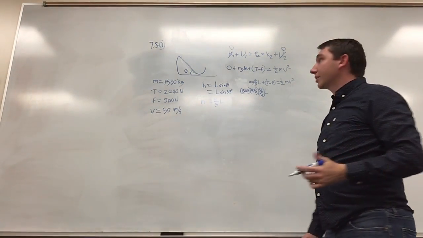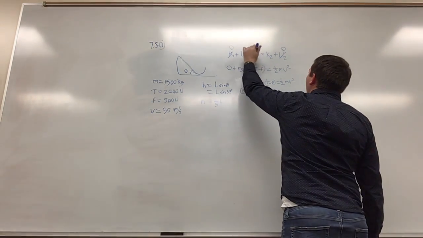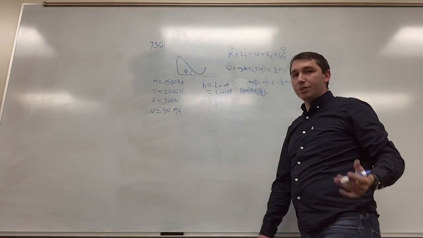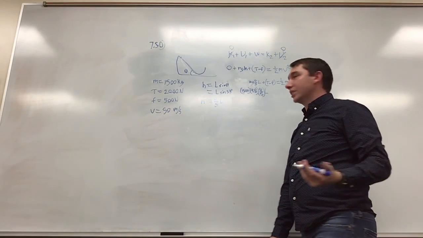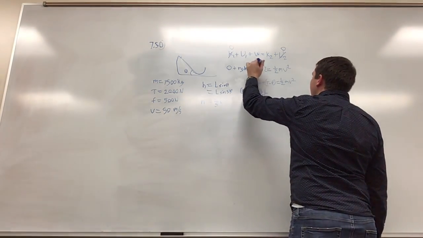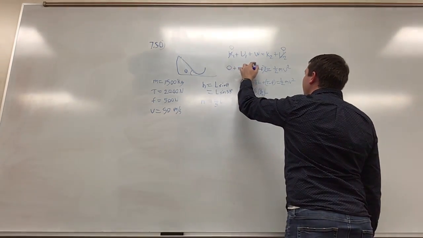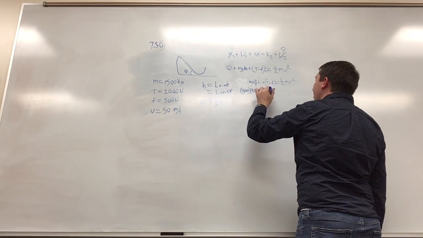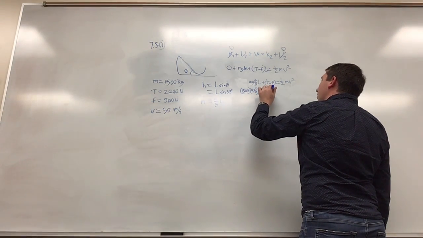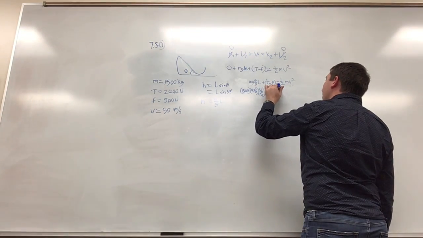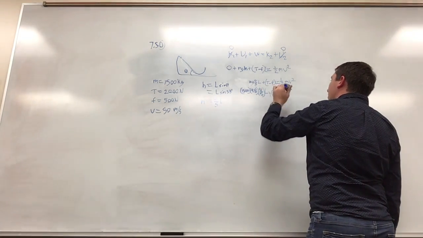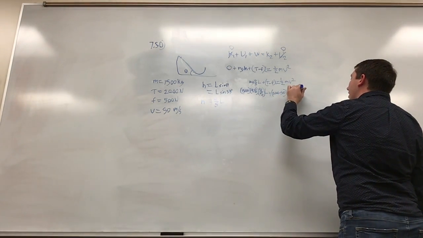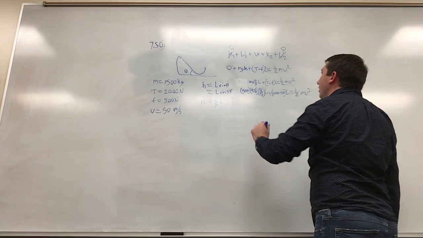I forgot something at the beginning. This should be work, not the force. And the work is going to be equal to force over distance, so this is going to be times L. Force times the distance, which is going to be equal to 2,000 minus 500 times the length of the ramp, is going to be equal to 1/2 mass times the velocity squared.